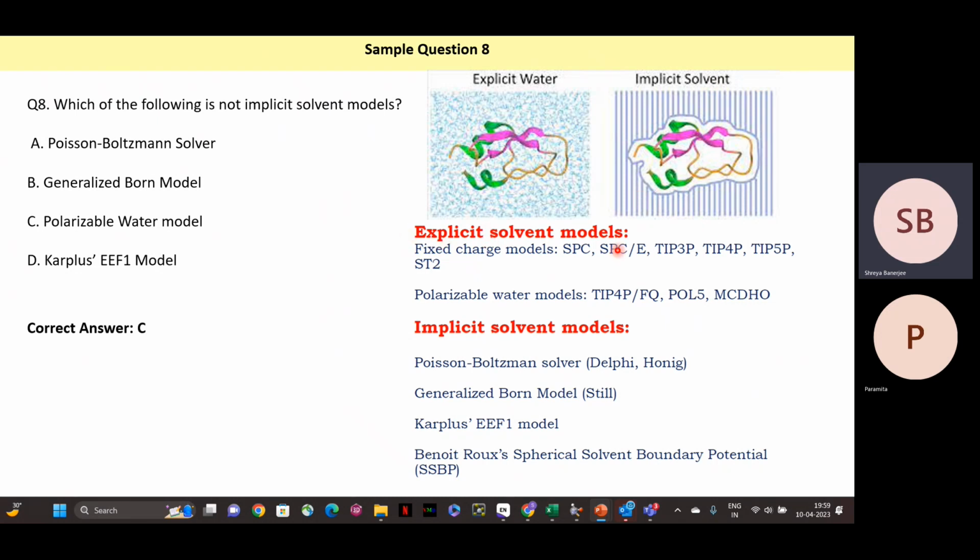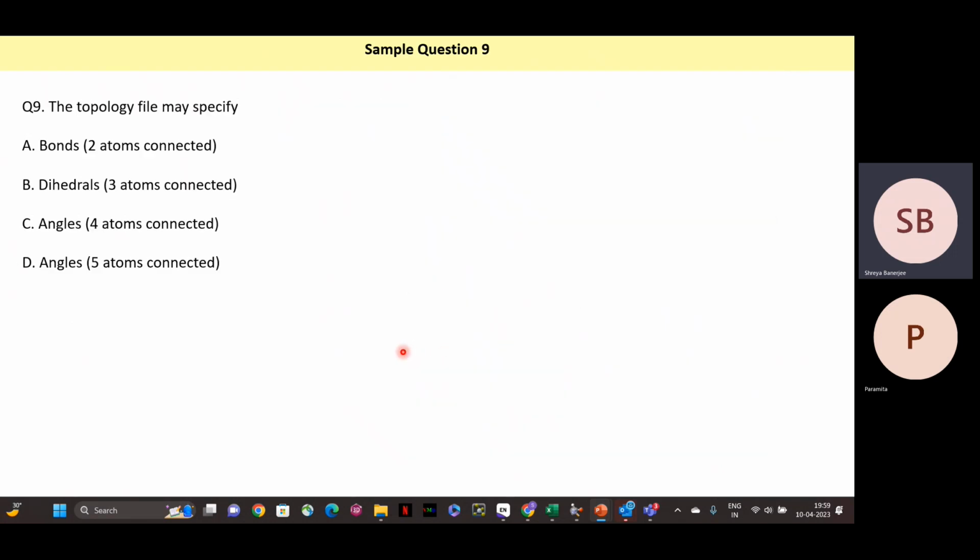The different kinds of explicit solvent models are fixed charge models and polarizable water model. And the implicit solvent models are Poisson-Boltzmann, generalized Born model, Karplus model, and Benoit-Roux spherical solvent boundary potential. So you just have to remember the names. If you look at the question, which of the following is not implicit, meaning which is explicit? So the correct answer is polarizable water molecule, which falls under the explicit solvent models. So you just have to remember the names under the explicit and implicit solvent models.